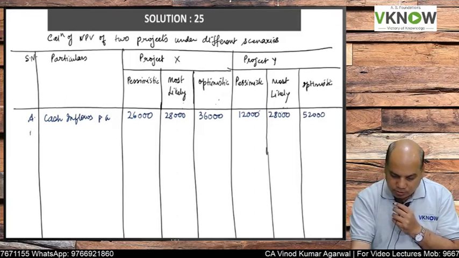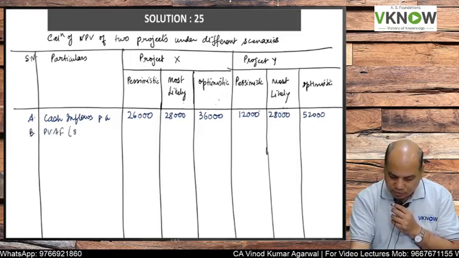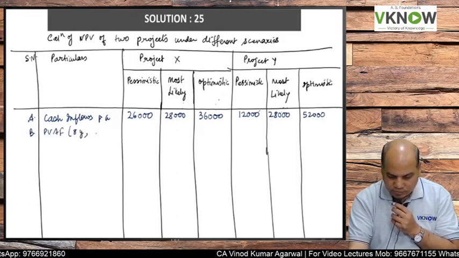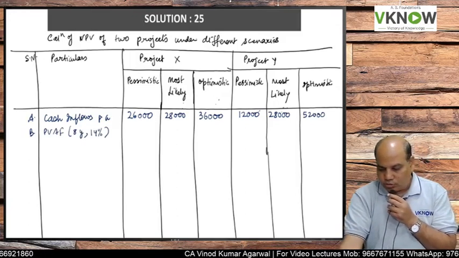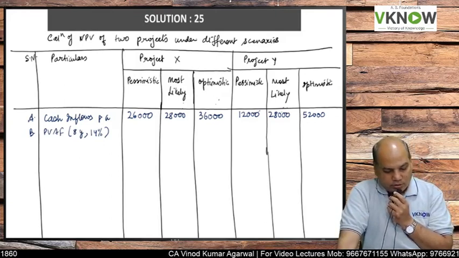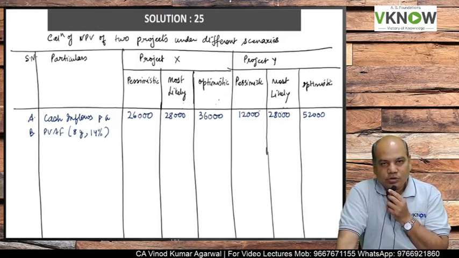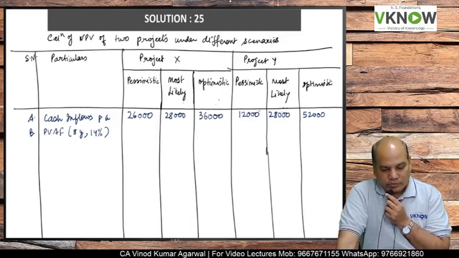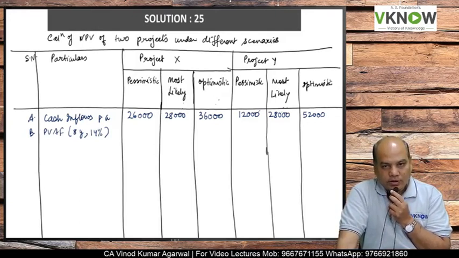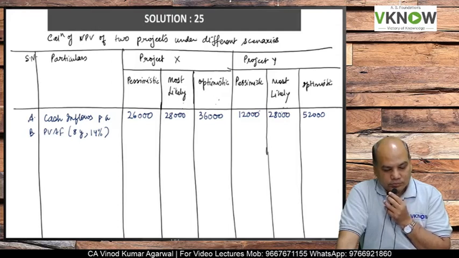Then you write down point B. PV annuity factor at 8 years and 14%. So what you do, just please calculate the total of those factors given in the booklet. Don't use own factor. Take the total of the factors given in the booklet. Anybody wants to volunteer?